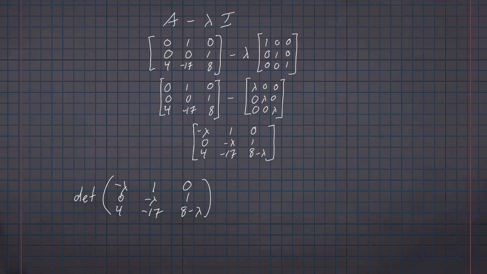Either across the first row or the first column seems to make sense. The first row will be a little bit easier because we can deal with 1 instead of 4. So we'll have negative lambda times the determinant of the 2 by 2 submatrix when we get rid of first row and first column.